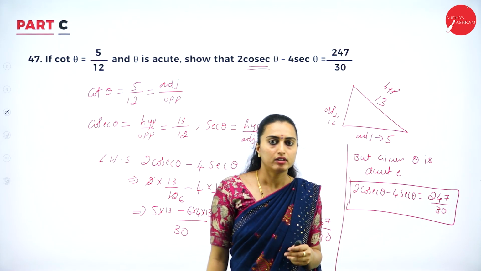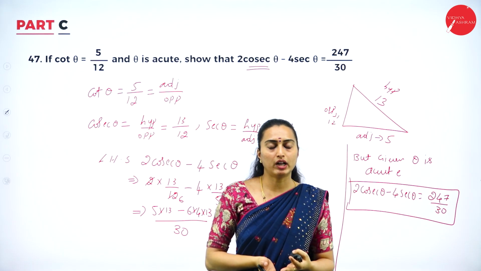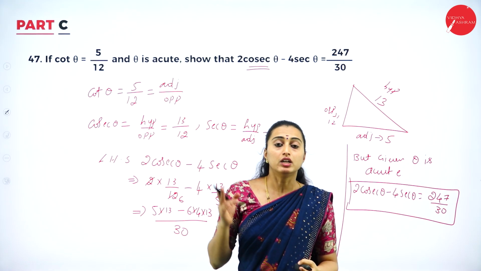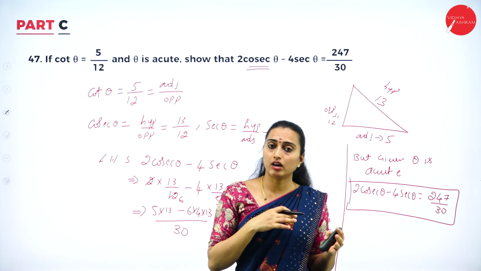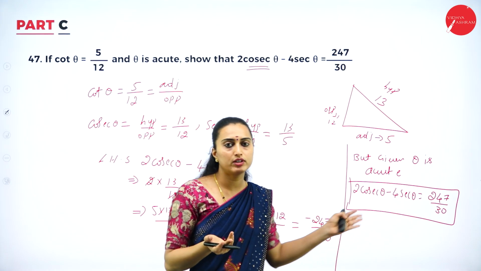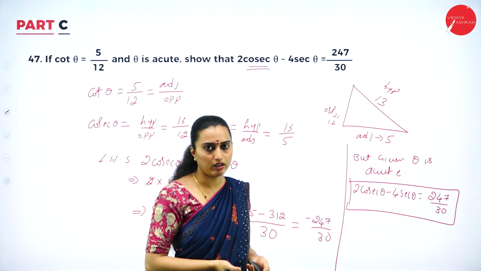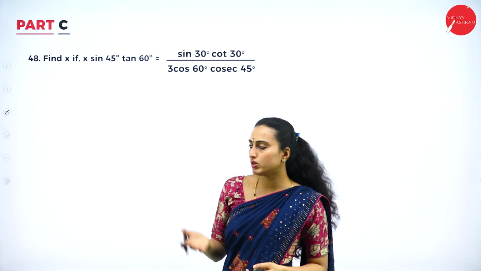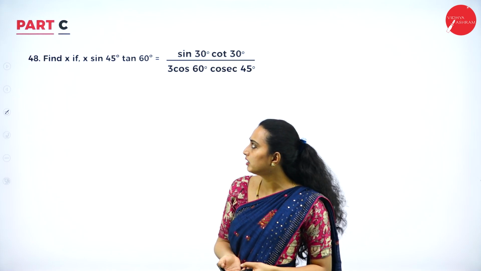Even though we are getting a negative value, we can reject or neglect that negative value. Why? Because they have given that theta is acute. Acute means in the first quadrant all are positive, so this difference also must be positive only. Got it? I hope you understood this one. Now we'll be moving on to the next question, which is question number 48.